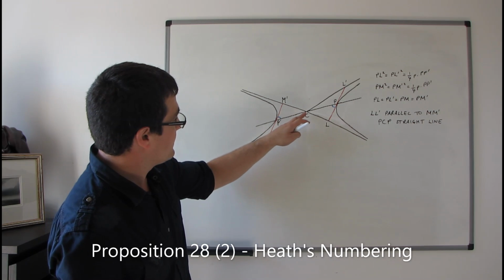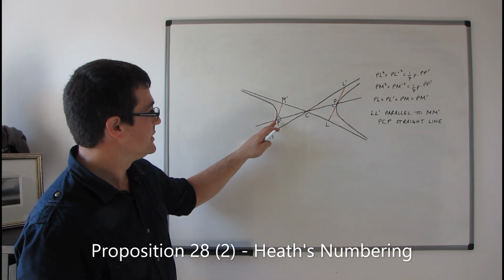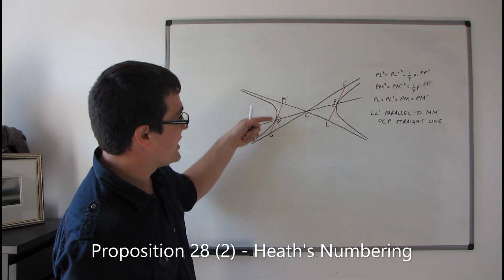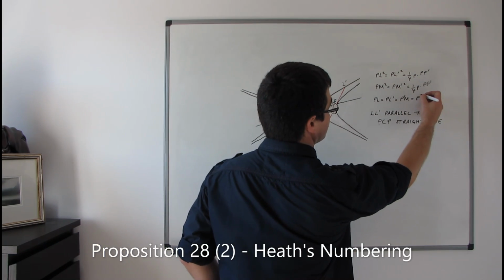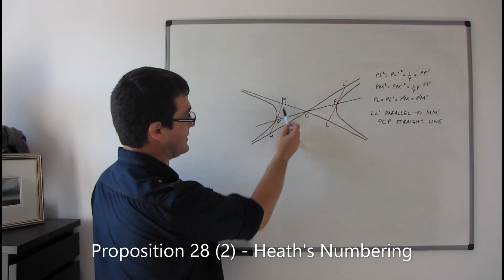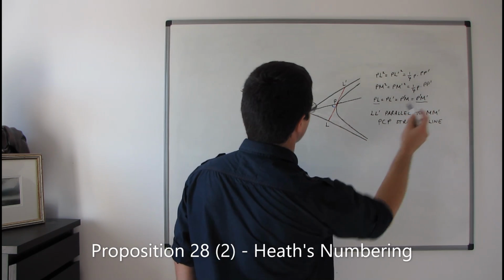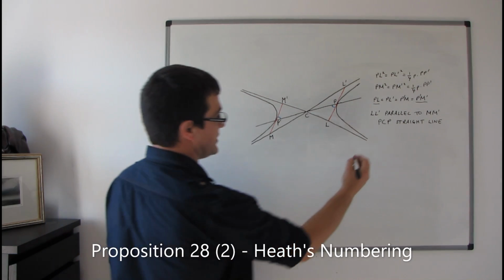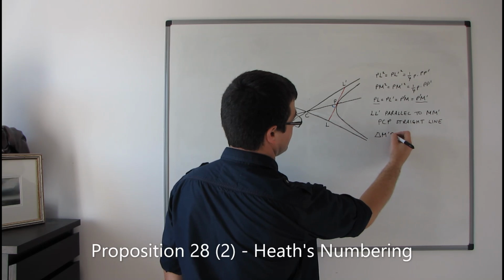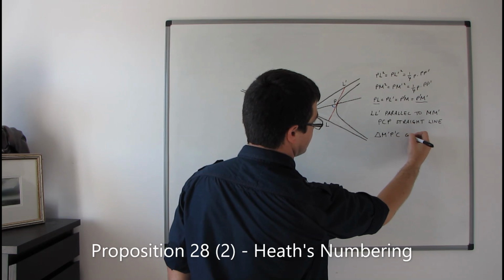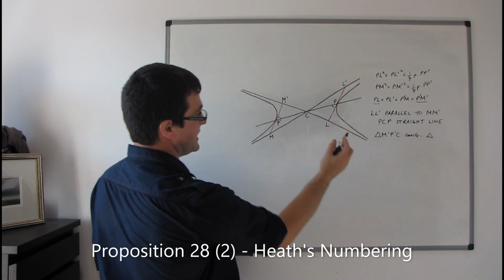And we know that CP is equal to CP primed, and we know that M primed P primed is equal to LP. So we've got that here and here. So that would suggest then that triangle M primed P primed C is congruent to triangle PCL.